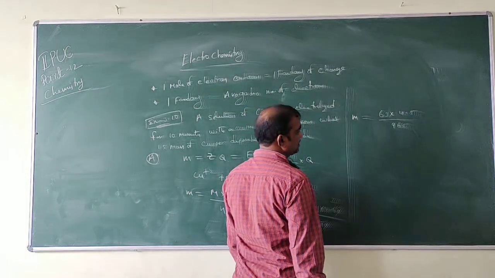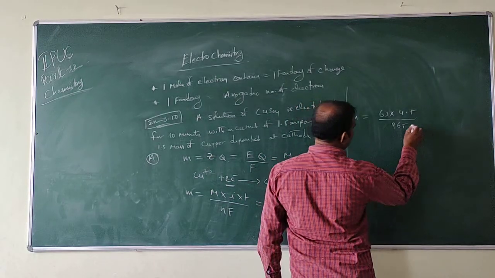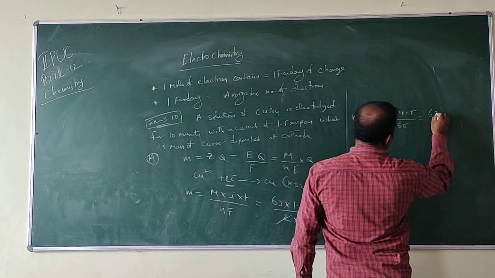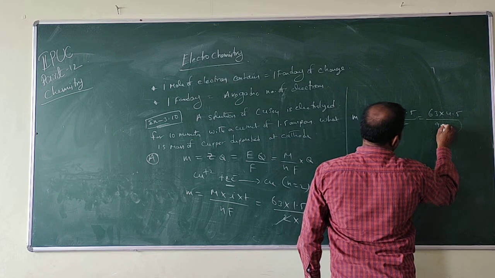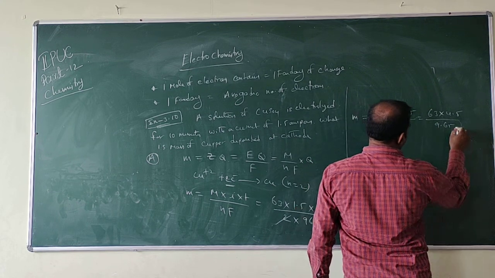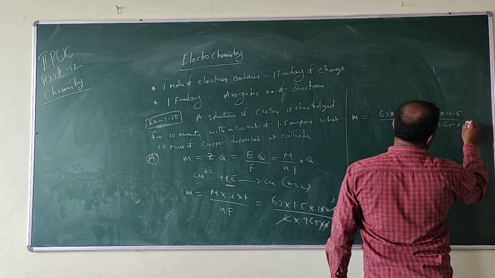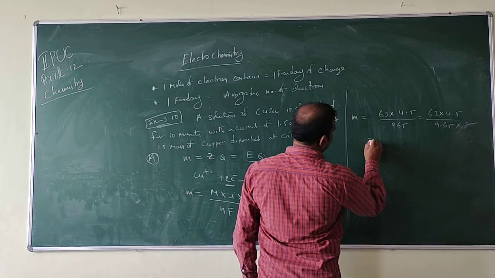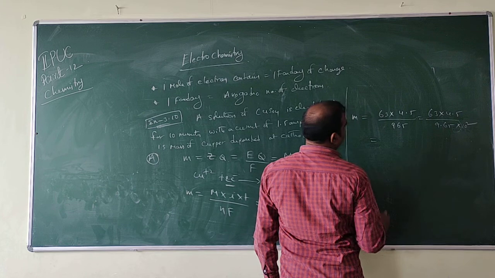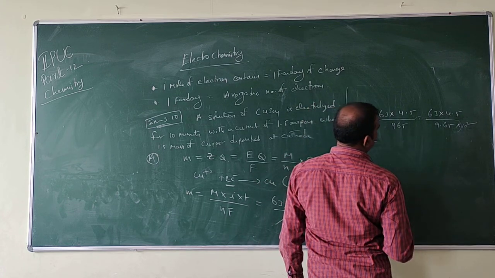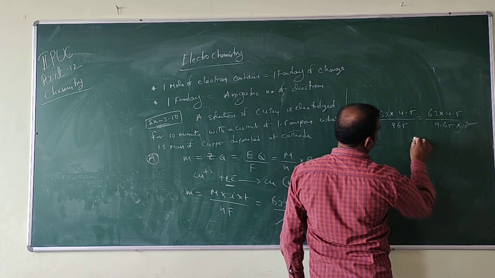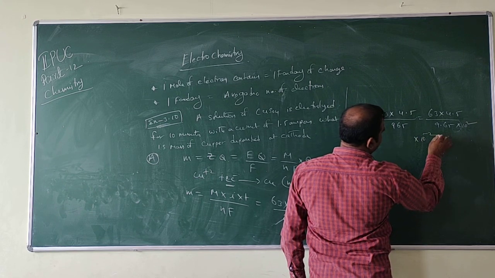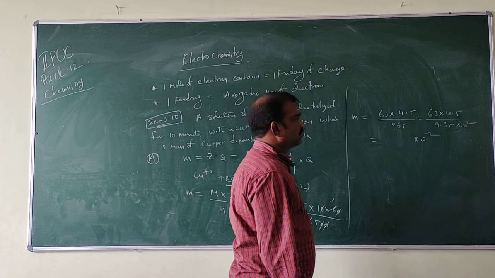Here I am taking 4.5 divided by 9.65 into 10 square, that is equal to 10 power minus 2.